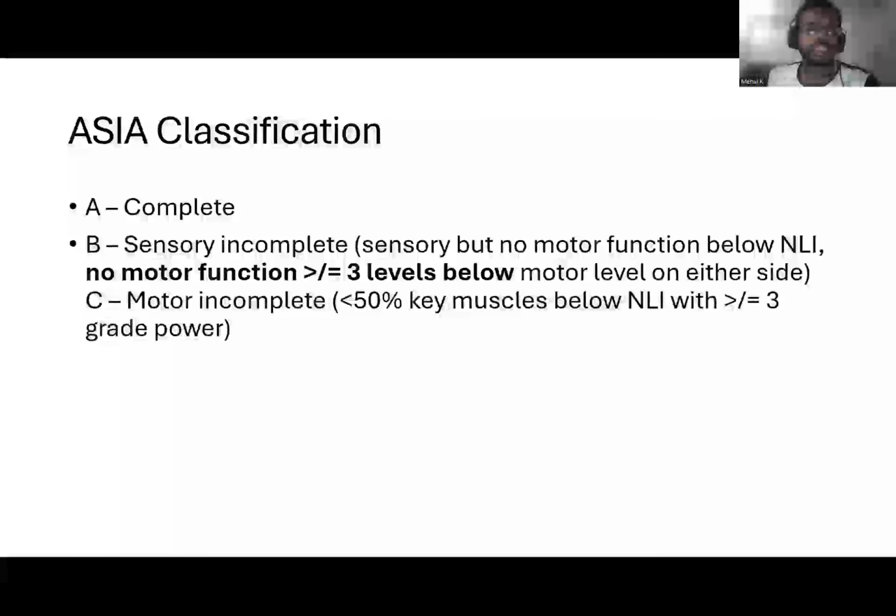Now B and C. B is sensory incomplete. What do you mean by sensory incomplete? There is some sensory function below the neurological level of injury, and there is no motor function more than three levels below the neurological level of injury on either side.